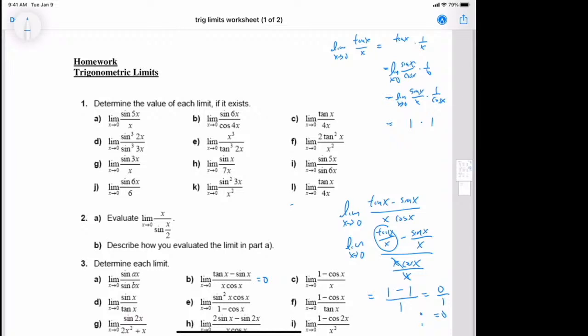So in that way, it's actually pretty easy. I just showed you how to do tangent of x because I showed you this one yesterday, so you should know how to do that. So that's going to be 1 minus 1 over 1, 0 over 1. Any questions?